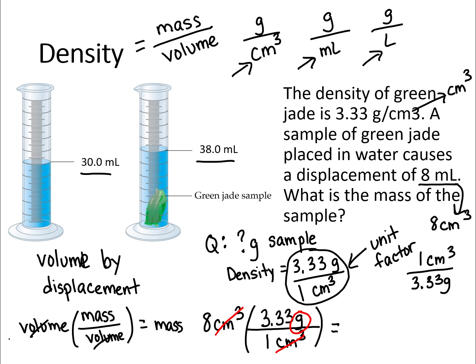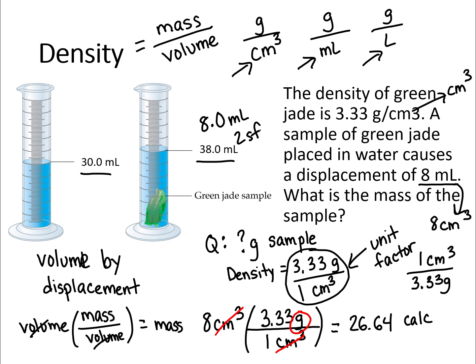When you put that into your calculator, you're going to do 8 times 3.33, and your calculator is going to tell you something like this. But we know better. Now, if we did the subtraction like it shows here, we should actually have 8.0 milliliters, which has 2 sig figs, okay?